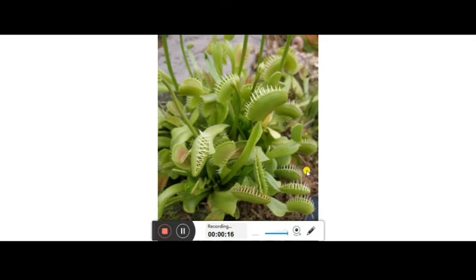Normally all plants do photosynthesis, but here there is a requirement of nitrogen in the plant.